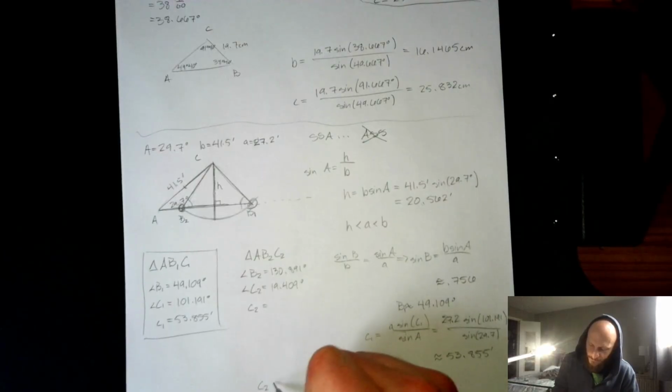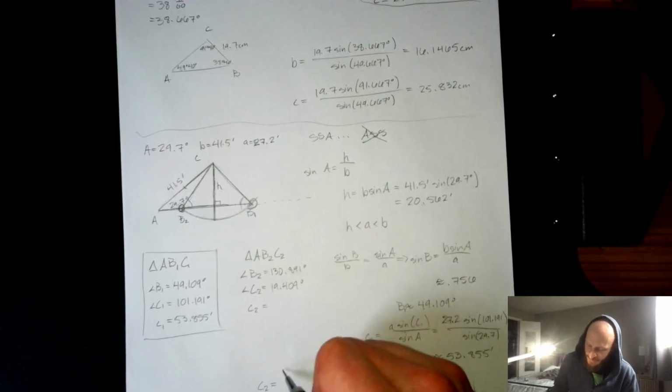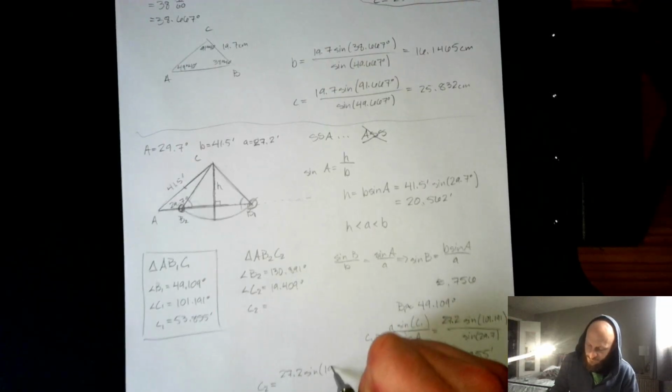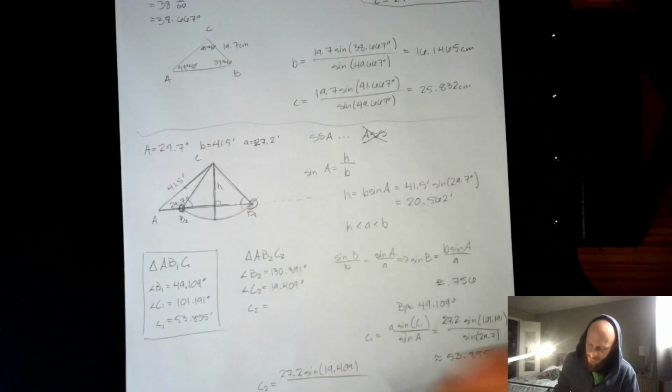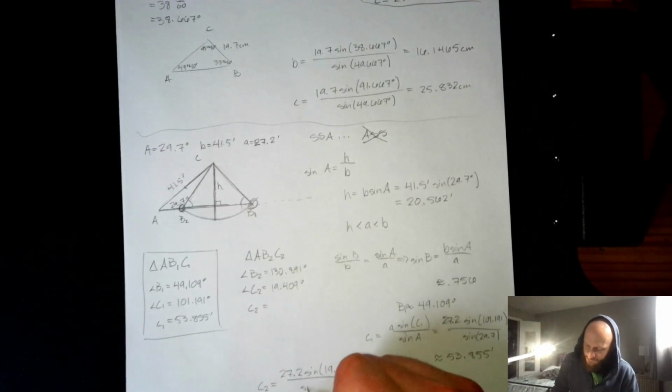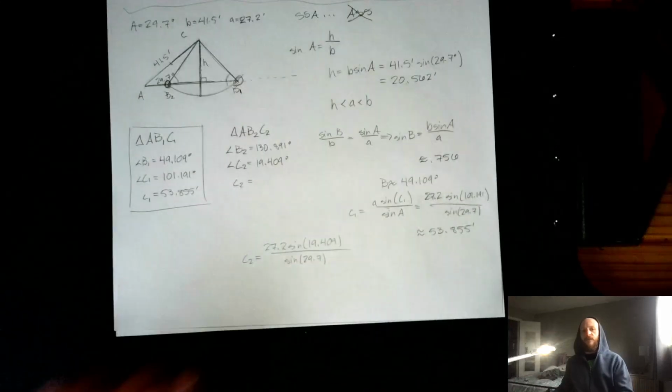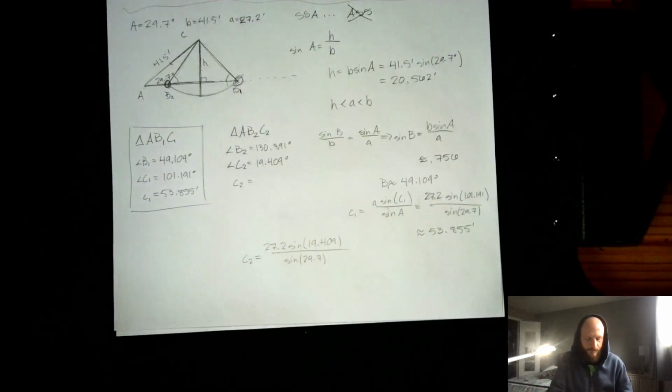All right. Well, C2 is going to be side A, 27.2, times the sine of C2, 19.409, divided by the sine of A. Oops, sorry, it's off screen. There it is. Times the sine of 19.409.